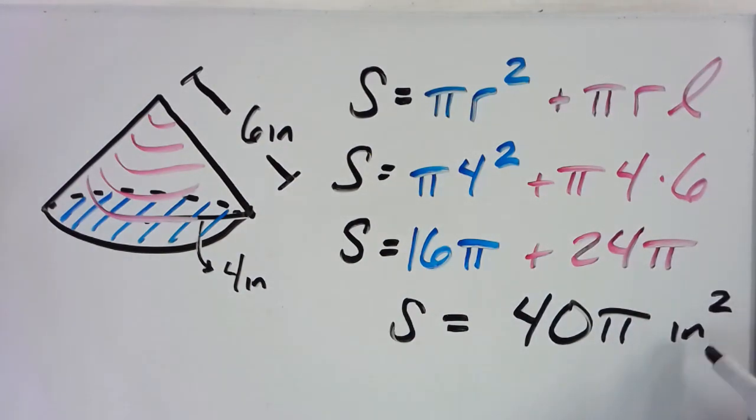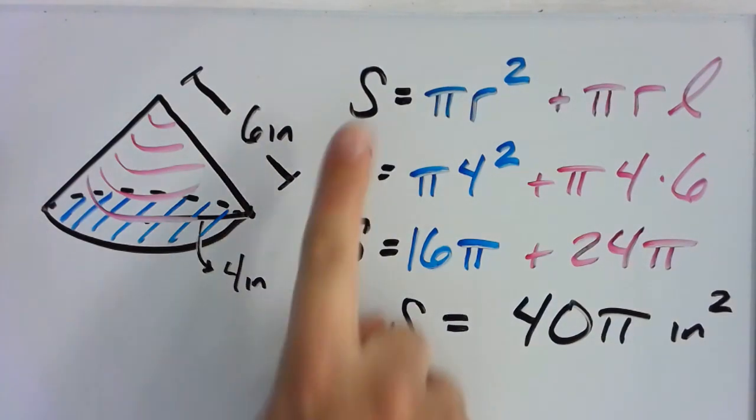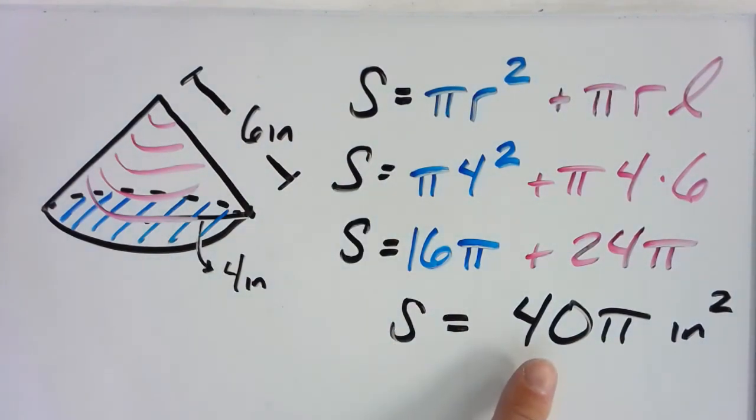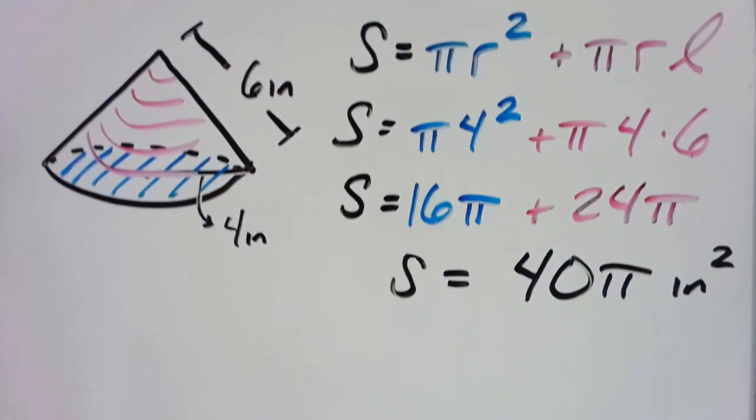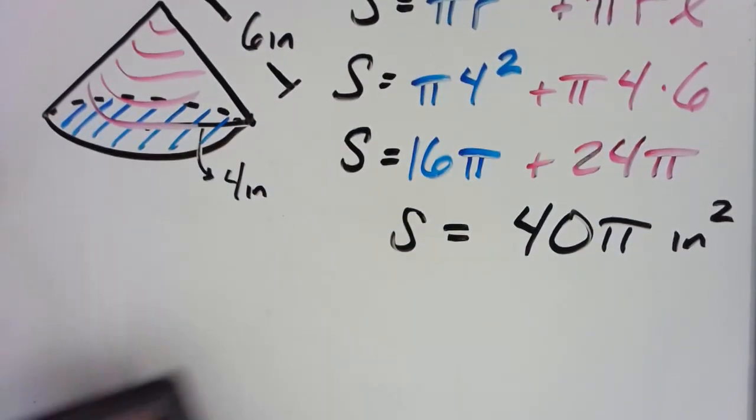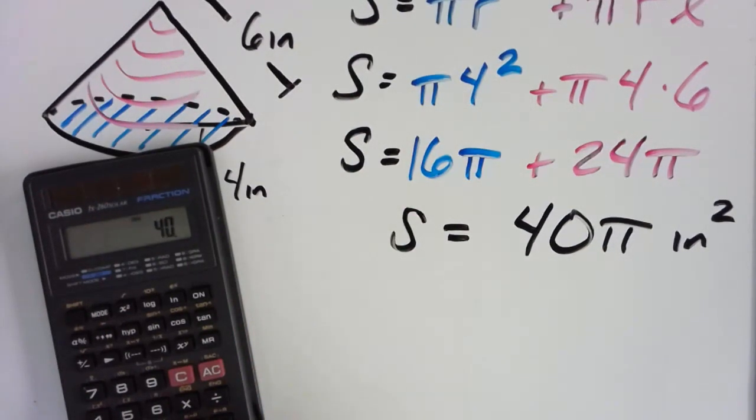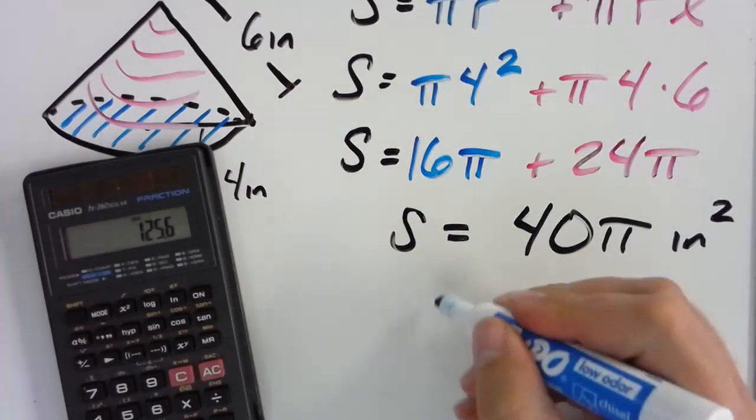The units will typically be given to you in Big Ideas. You'd have to solve for this piece. This would be the exact solution, 40 pi. Again, worthy of working it to this point either way, because in Big Ideas, again, they'd like to mark you wrong, even if you're off by like 0.05 or something like that. So wait until this point to plug in 3.14 for pi. So now if I had to round to the nearest 2 decimal places, I would do 40 times 3.14, about 125.6 square inches.